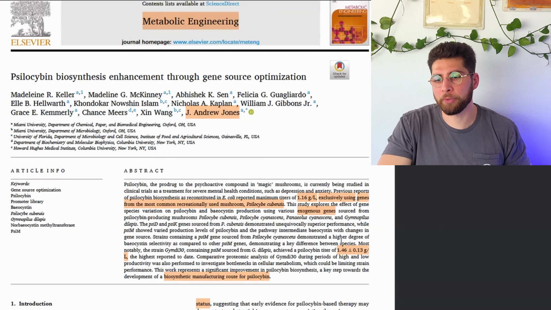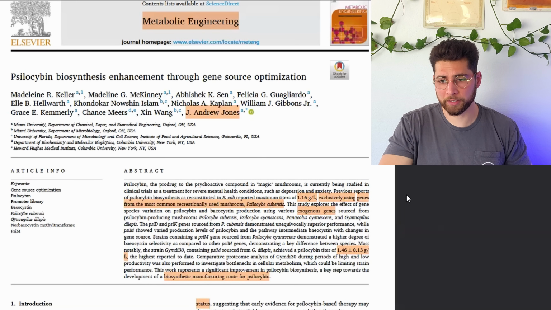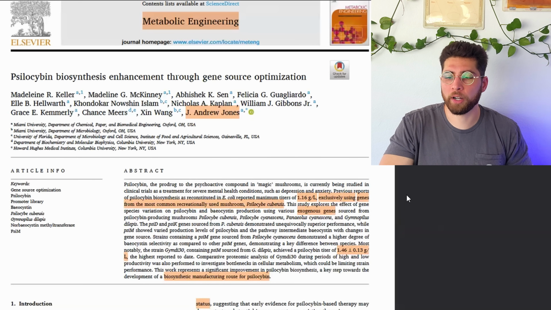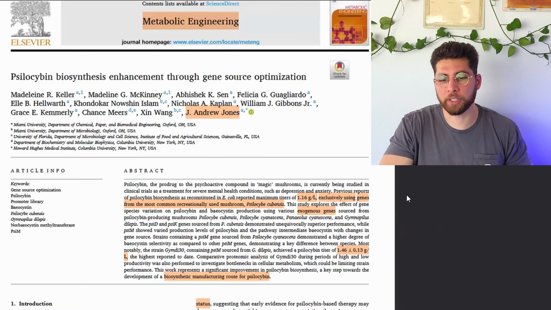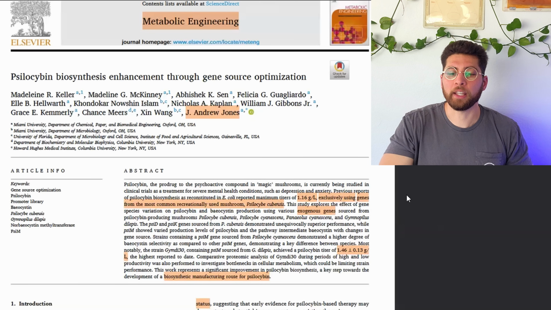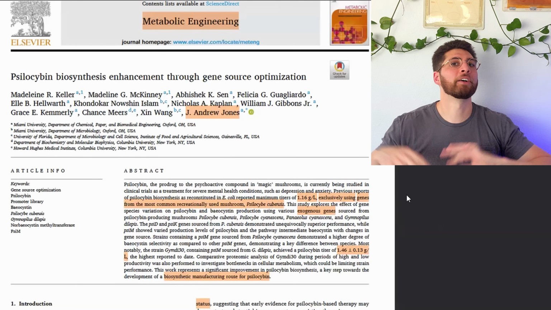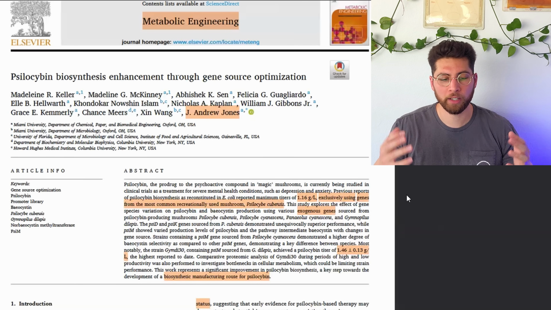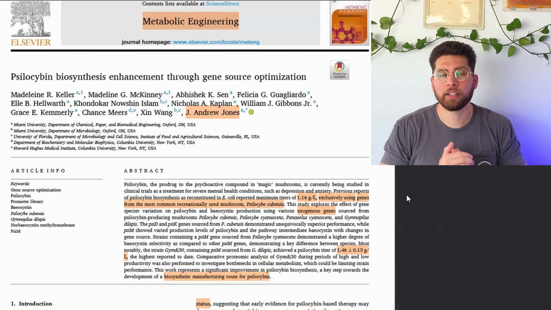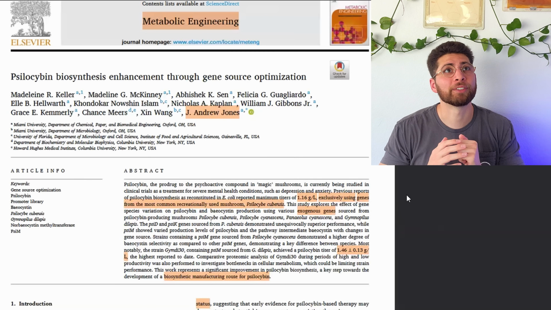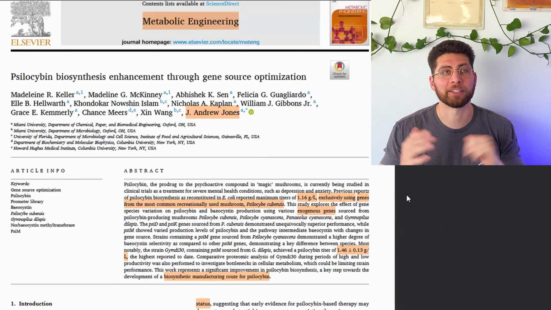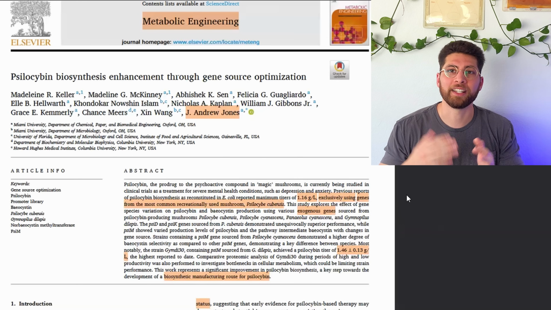Previously, the last paper that we looked at from the Jones group that produced psilocybin in bacteria, they were making 1.16 grams per liter of psilocybin in bacteria, which is already a huge quantity, right? This is not the grams of potentially magic mushrooms. This is the grams of the active ingredient.